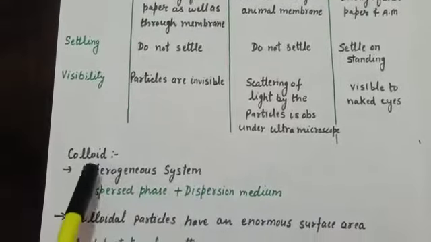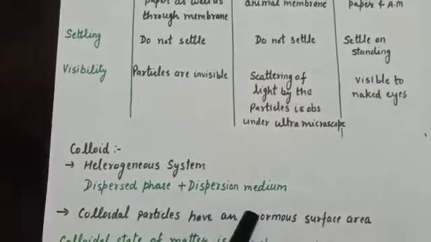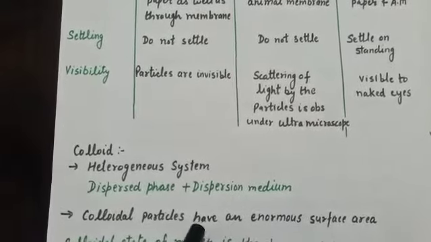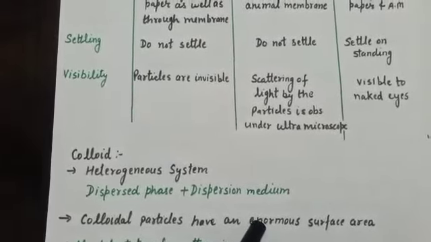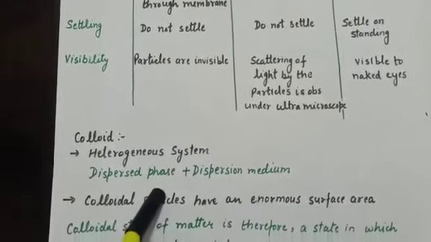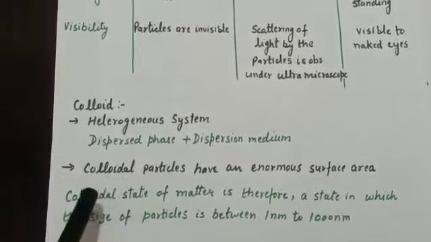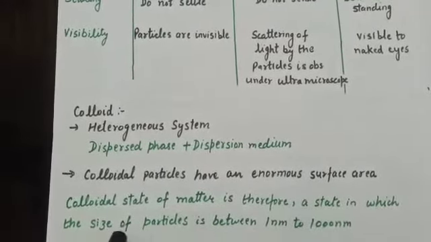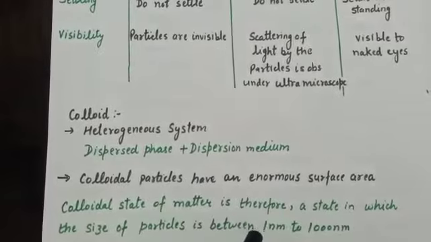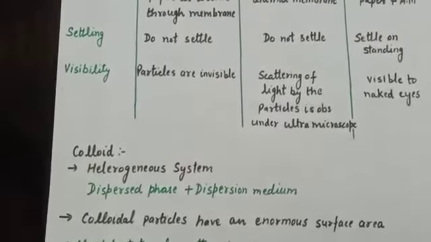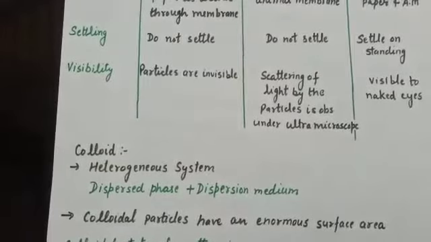Next property is these colloidal particles have enormous surface area, that is they have large surface area, and because of large surface area, some special properties of colloids are to be discussed in this unit. So colloidal state of matter is a state in which the size of a particle is between 1 nanometer to 1000 nanometer, and the particles can pass through ordinary filter paper but not through animal membrane.